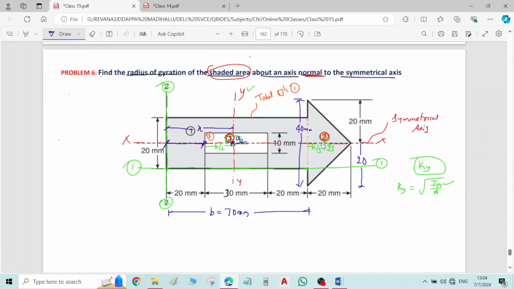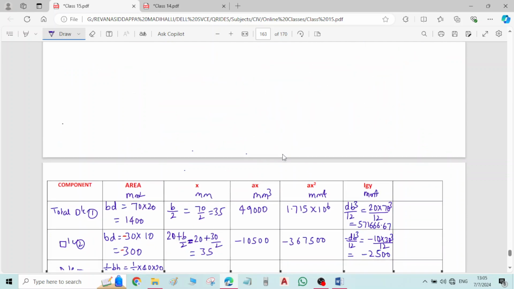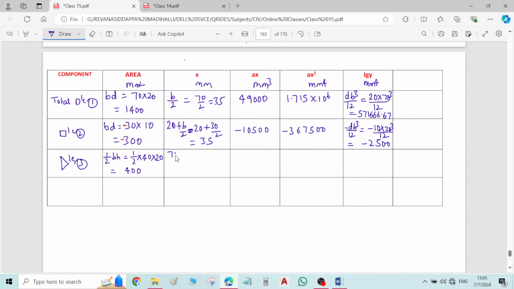Coming to the x value for the triangle, meaning the distance of G3, the center of the triangle, from reference axis 2: from here to here it is 70, so 70 plus h by 3.